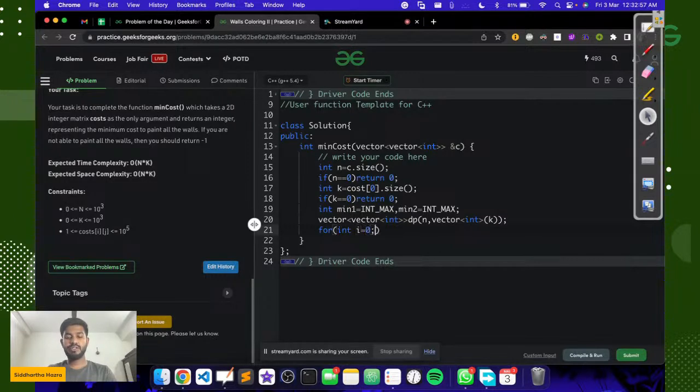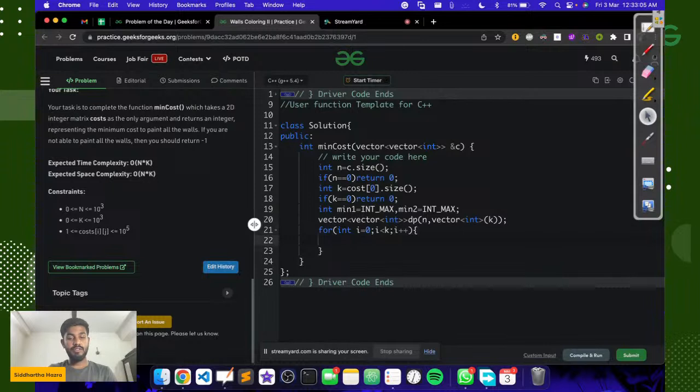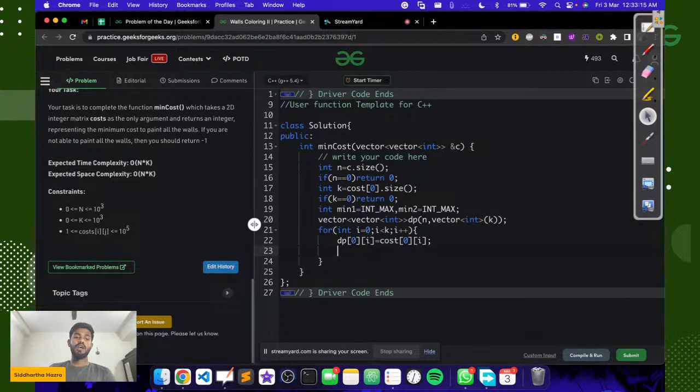For int i is equal to 0, i is less than k, and i plus plus. And then we would say dp of 0 comma i is equal to cost of 0 comma i itself. The cost to paint the first wall with whatever color is the same itself.